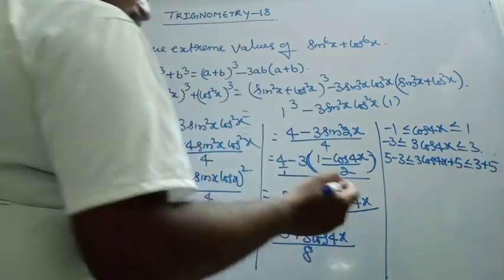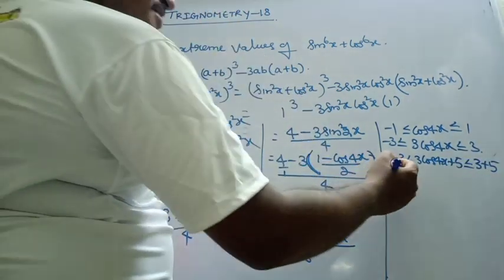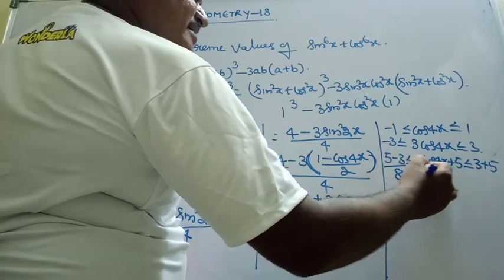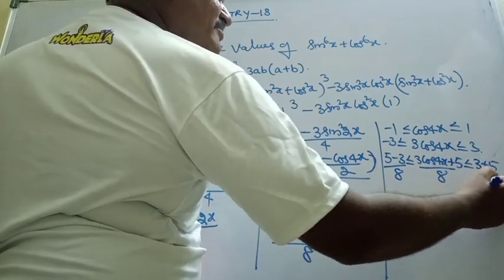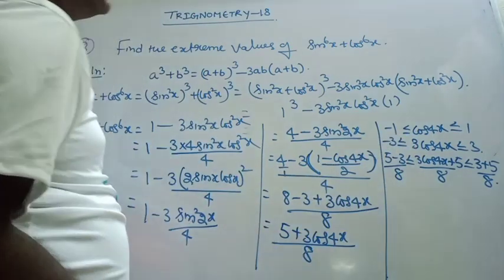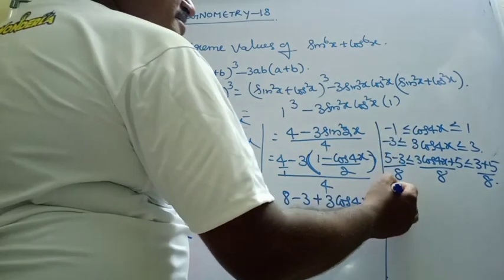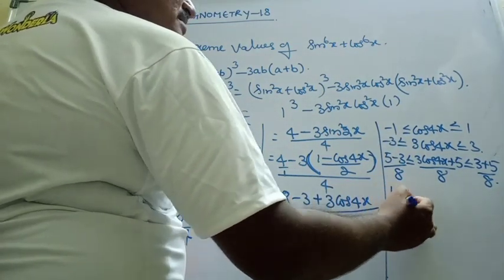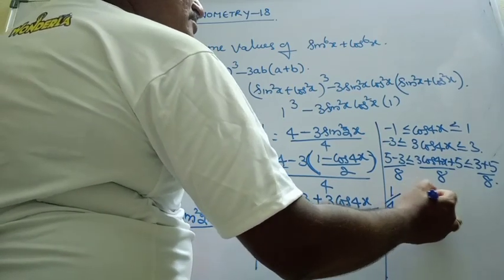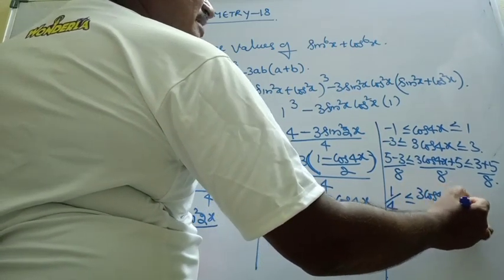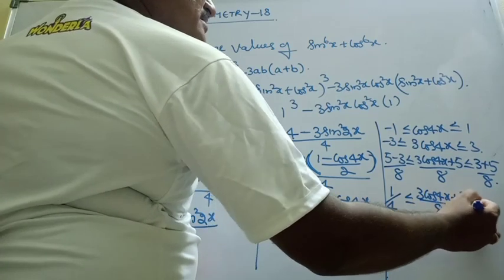Now divide by 8. 5 minus 3 is 2, and 2 by 8 is 1 by 4, less than or equal to (3 cos 4x plus 5) by 8, less than or equal to 1.